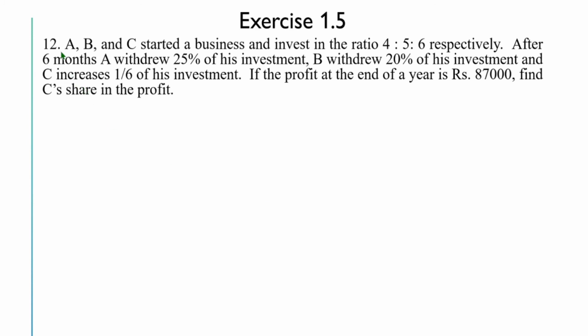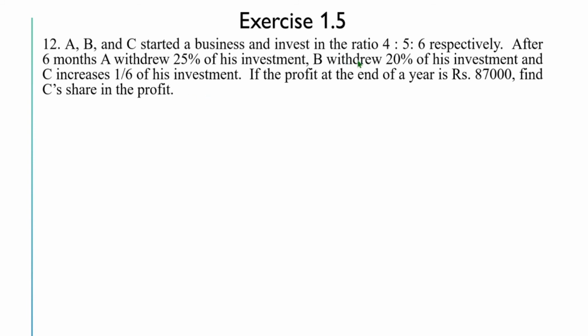Next question. A, B and C started a business and invest in the ratio 4 : 5 : 6 respectively. After 6 months, A withdrew 25% of his investment, B withdrew 20% of his investment and C increases 1/6 of his investment. If the profit at the end of the year is rupees 87,000, find C's share in the profit.